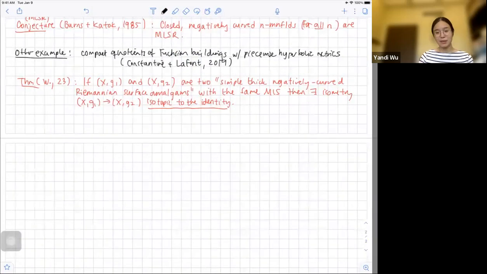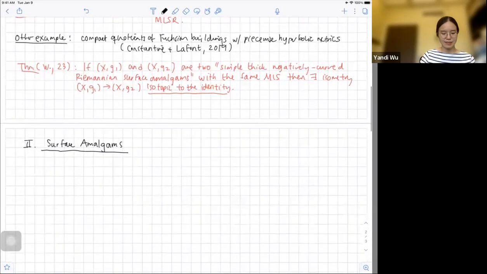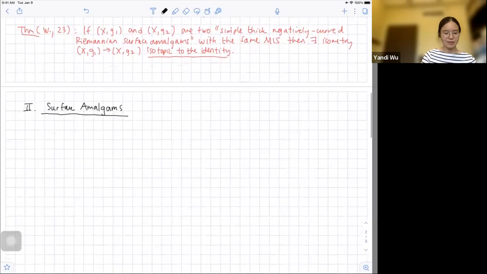And as I promised, I'm now going to define my objects of study, which are surface amalgams. First I'm going to give a general definition of surface amalgams. It's not very precise, but I think it gets the job done to give you an idea what these are.